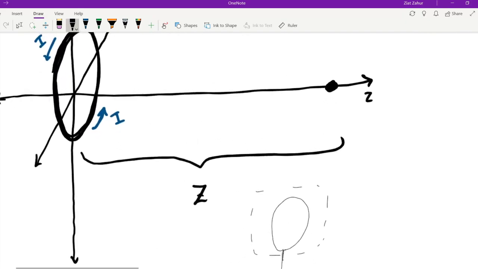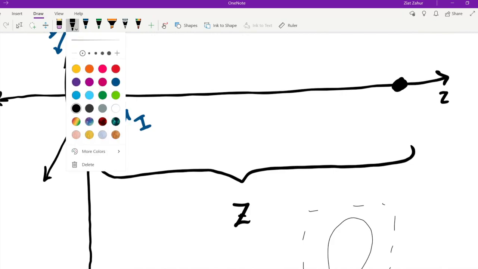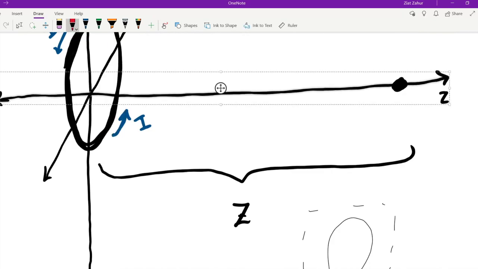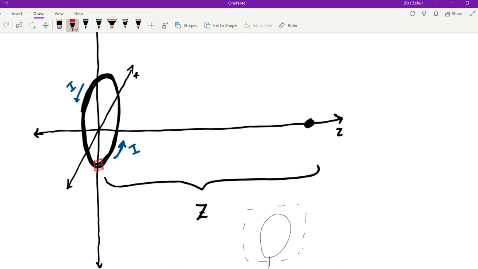Okay, so let's consider a tiny little portion down here, and you'll see that this portion is some distance away. We'll call it little r.